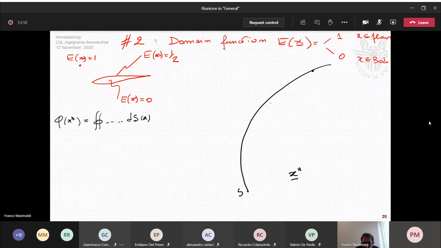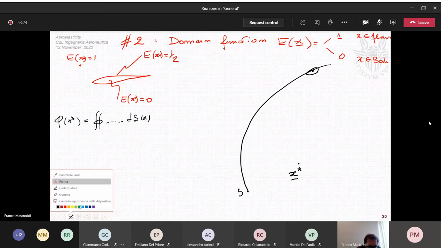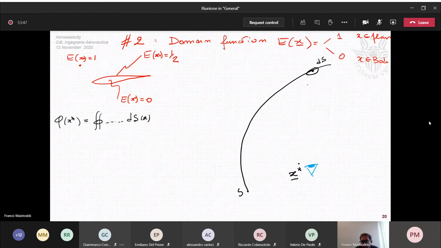Okay. Now this is the surface S, and we have a portion here of our surface like this. And here I have my eye, a blue Spanish eye like this. This is my eye here in this point, and I'm seeing by this point this elementary surface, and this elementary surface is the elementary surface ds.